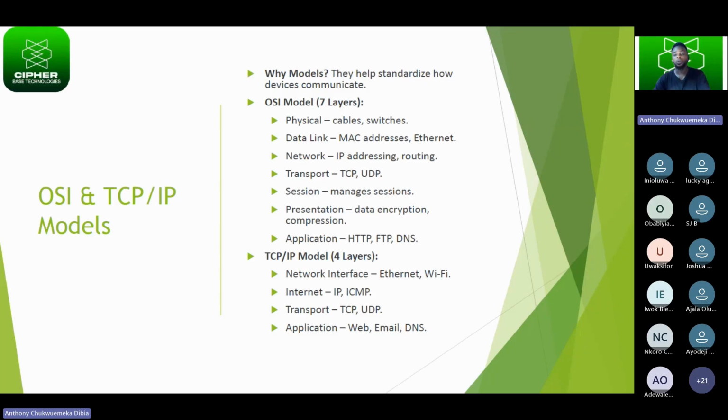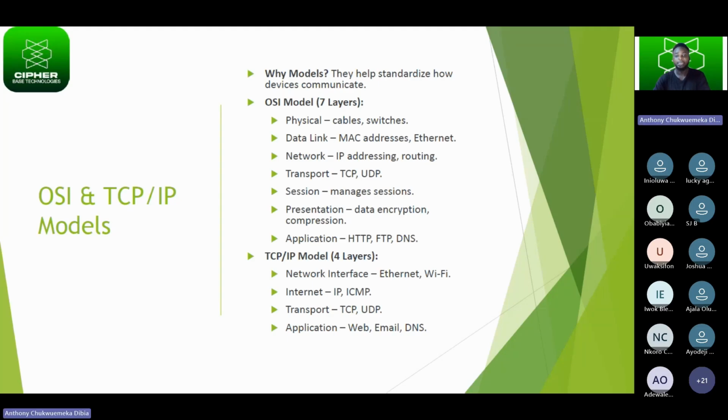You need to be able to understand how data or how messages or how packets actually move. Now, the TCP/IP model is just a summary of the OSI model. It's just a summary of the OSI model. So we have the network interface. Now, the network interface has to do with the physical, the data, and the network in one.